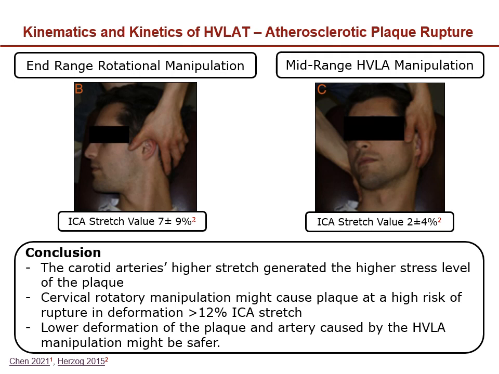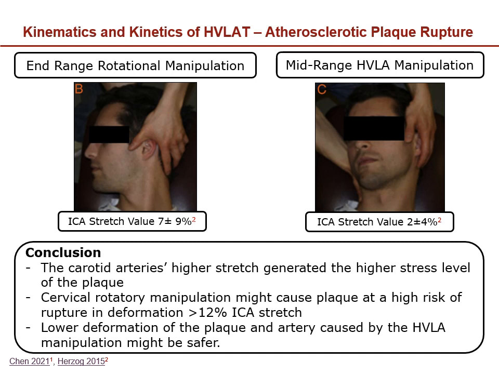And as we recall from the previous slide, the end range rotational manipulation technique puts an average of 7% strain or stretch on the internal carotid artery, but it's plus or minus 9%.